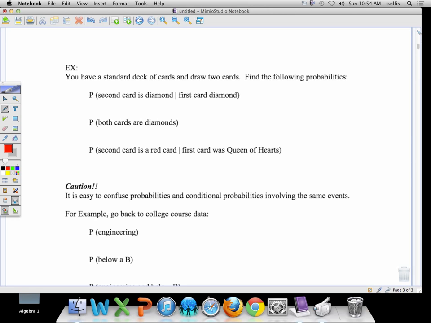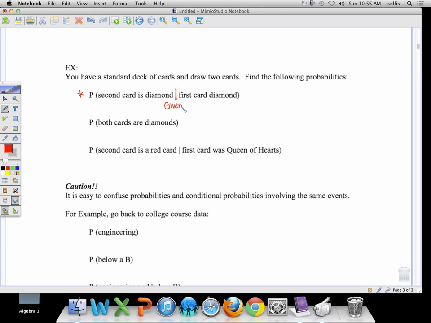So if we go to a standard deck of cards and draw 2 cards, find the probability that the second card is a diamond, given, remember that slash is given, the first card is a diamond. Now, again, there's no chart here, so it's really hard to do that numerator, denominator setup, but think about your selection here.